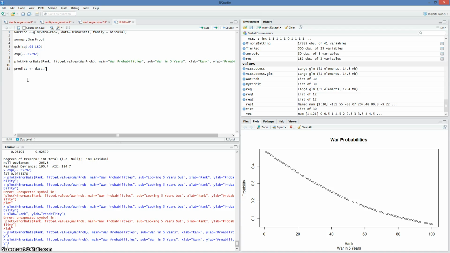So I'm going to create a new data frame, which is fits, equal to the fitted values of the WAR probabilities where the rank is equal to minor bats dollar sign rank.